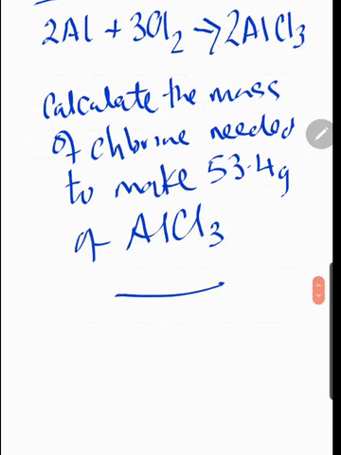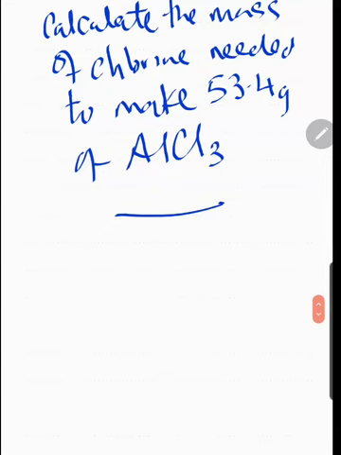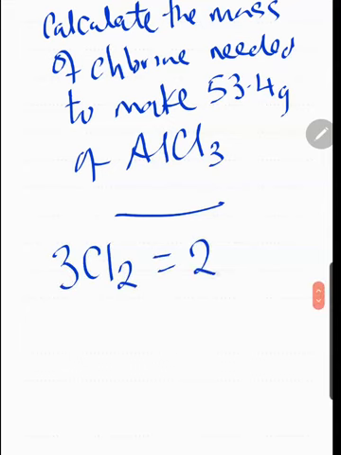Right, this time it's harder. Again, ignore aluminium. There's no information about aluminium, so just completely ignore it. Let's now look at the reactants and the products that are being considered. So 3 chlorines make 2 aluminium chloride. This time I'm going to work out the relative formula mass of each one.